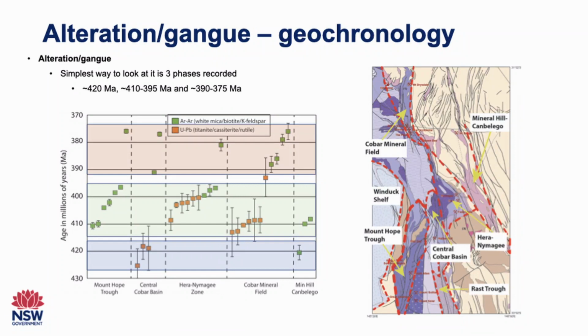And then we definitely have a later set of ages that are coming out mineralised, usually lead, zinc, silver, that are somewhere between 395 and probably 375 million years, consistent with what we saw in the geochronology of our fault and foliation systems.